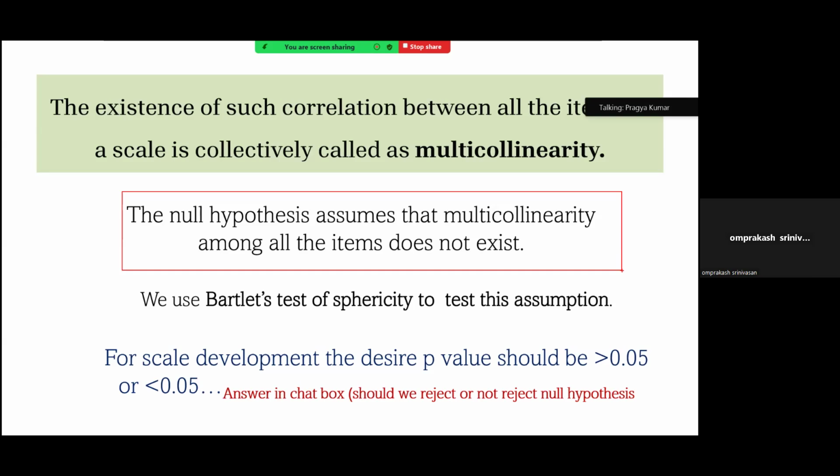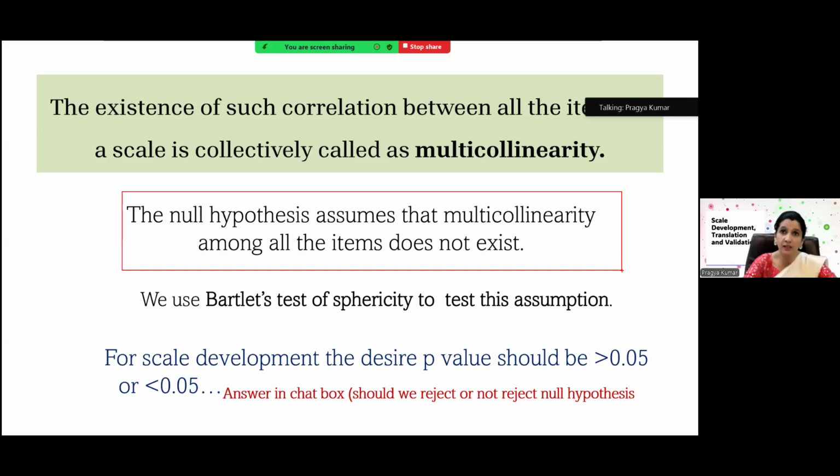Yes. So then you have to reject the null hypothesis, because the null hypothesis says that there is no collinearity. So it should be less than 0.05. We don't want more than that, because more than that means you are accepting the null hypothesis.